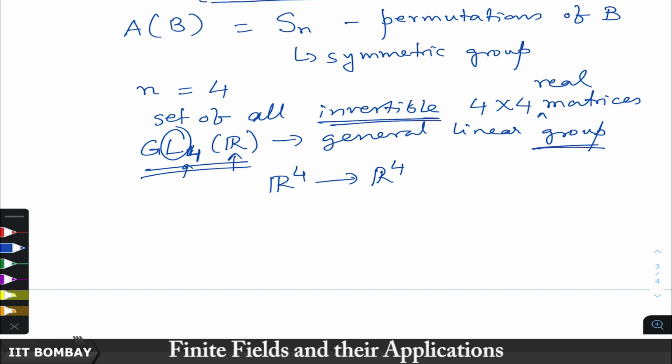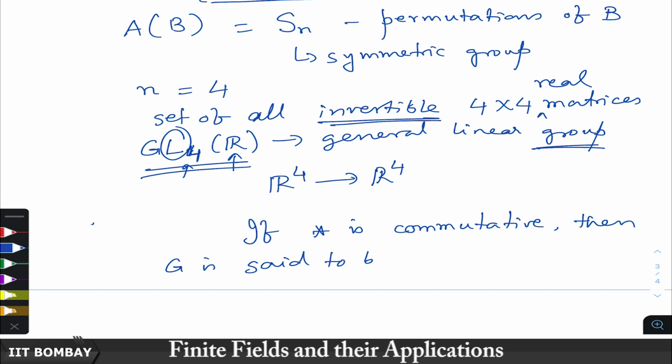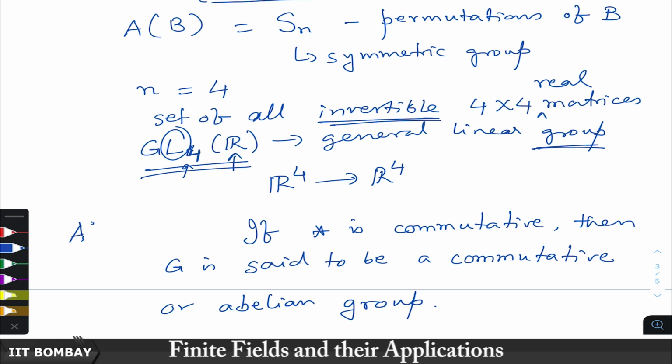So, if the operation star is a commutative operation, then G is said to be a commutative or abelian group. Okay. So, this is the definition of an abelian group.